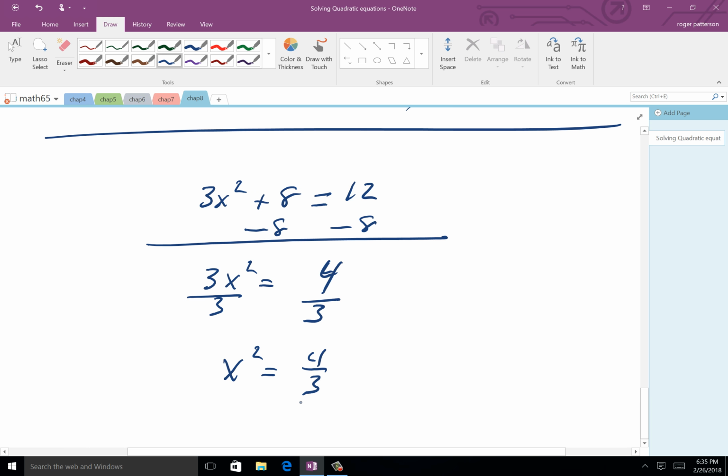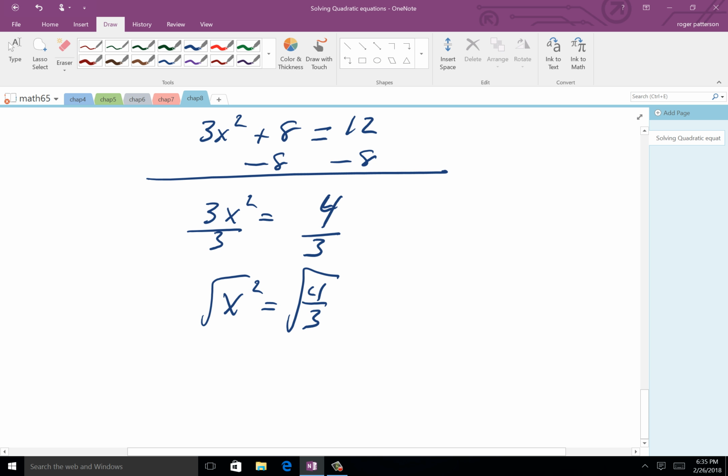Okay, so now we square root. But in this case, we can do some of this because we know what the square root of 4 is. But we still got the square root of 3 on the bottom that we can't have. And Josiah says, I got to multiply by the square root of 3 because that's what he told me last time.